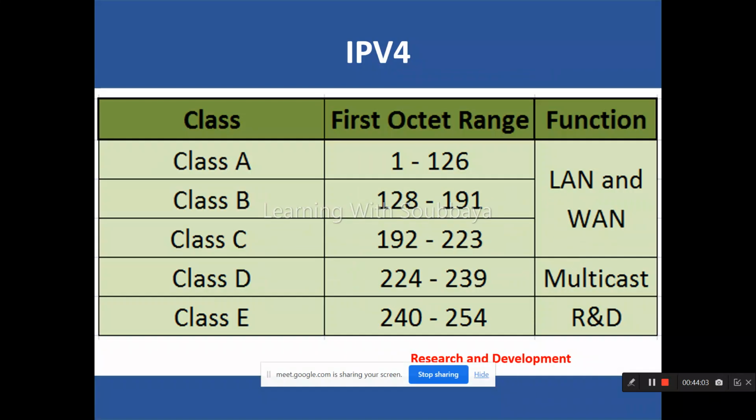So 1 to 126 is a class A address, 128 to 191 is a class B address, 192 to 223 is a class C address, class D 224 to 239, class E 240 to 254. R&D purpose we are using, research and development. Here we are going to use only A, B, C in LAN and WAN. That means this is the address we are going to use in our network.